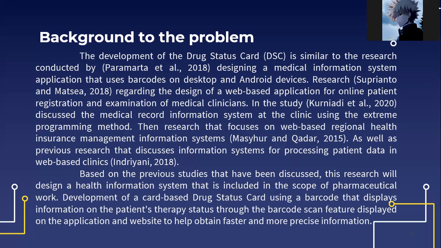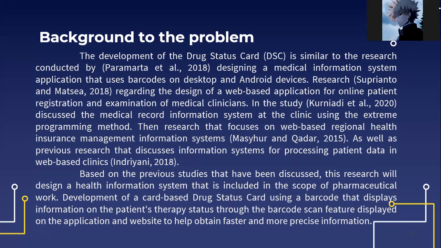The development of the drug status card is similar to the research conducted by Paramartha et al. 2018, designing a medical information system application that uses barcodes on desktop and Android devices. Research by Supriyanto and Macia 2018 regarding the design of a web-based application for online patient registration and examination at medical clinics.